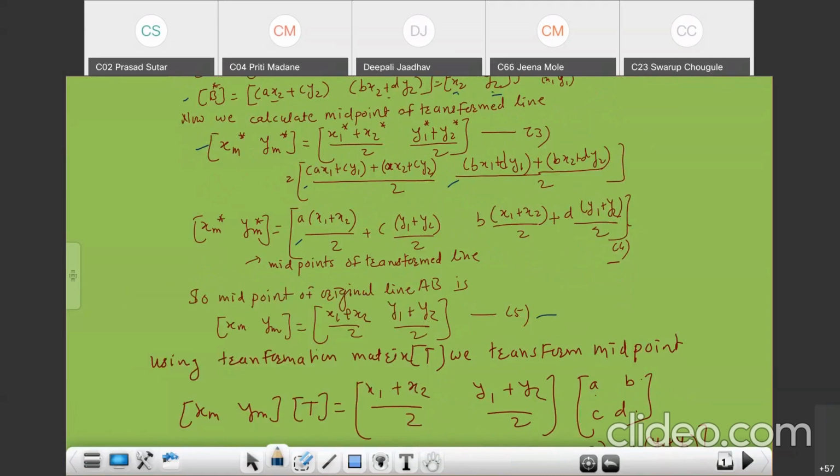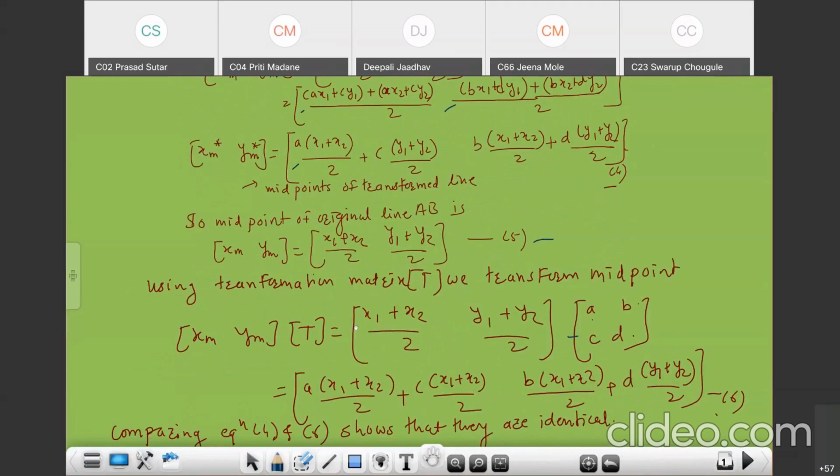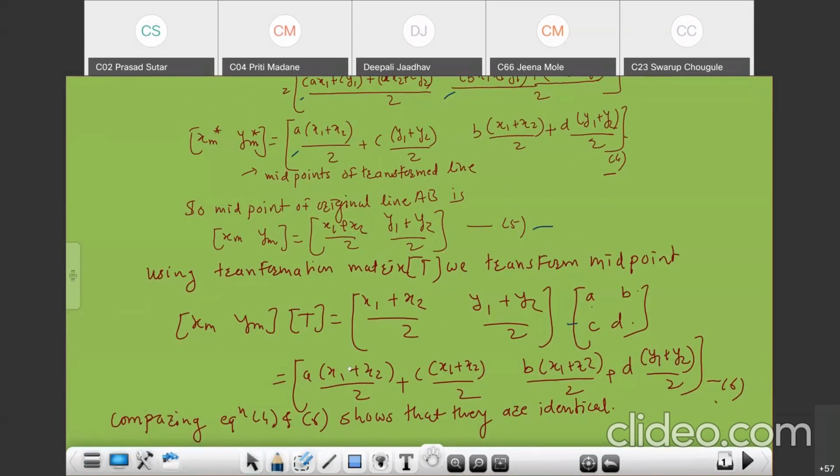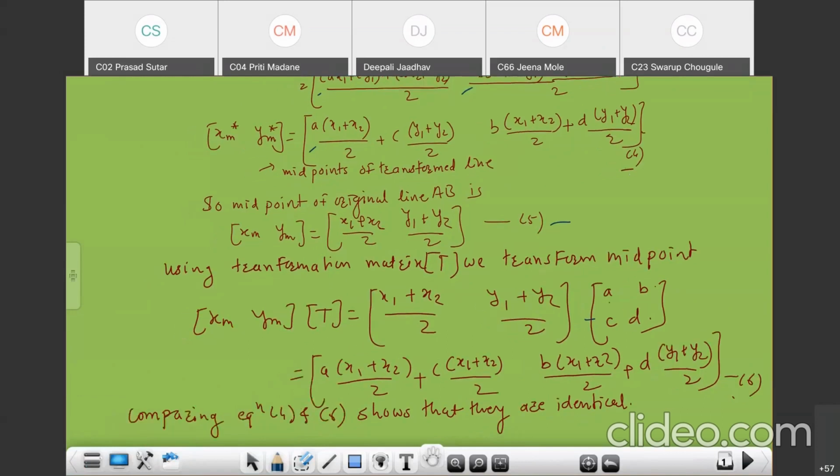Now using the transformation matrix, we transform this midpoint, multiply this midpoint with the transformation matrix, and we get this result: a of x1 plus x2 divided by 2, c of y1 plus y2 divided by 2, and b of x1 plus x2 divided by 2, and d of y1 plus y2 divided by 2. So if we observe equation number 4 and equation number 6, both are equal. So it shows that the midpoint of line AB transforms into the midpoint of line A star B star.